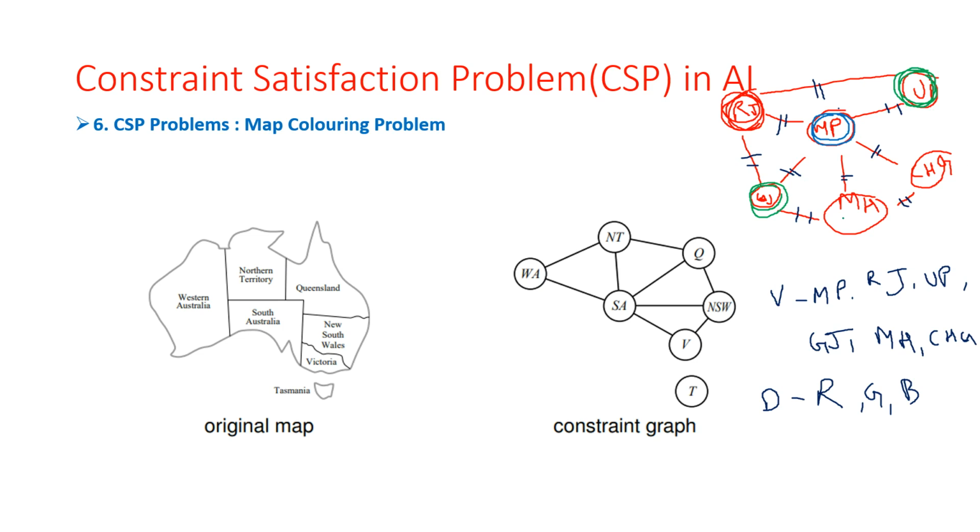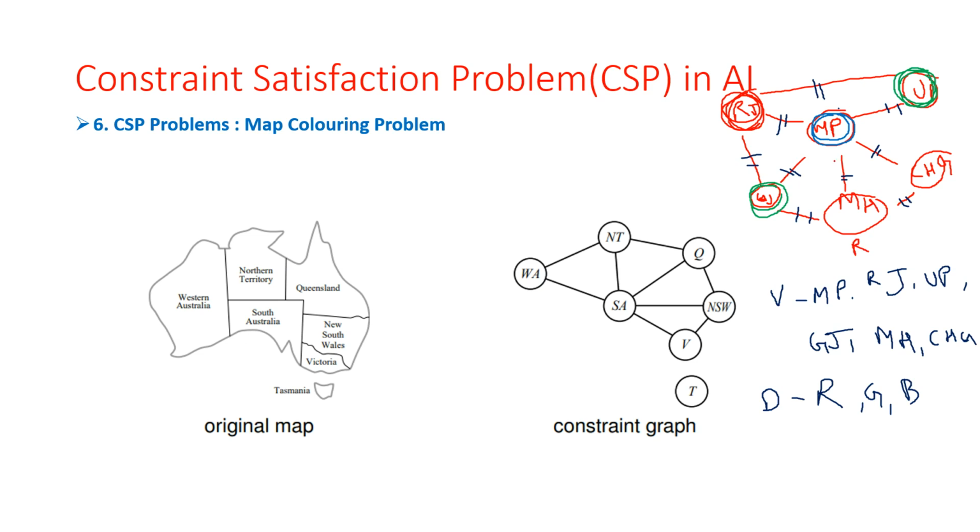Remaining nodes are Maharashtra and Chhattisgarh. Okay, so for Maharashtra we can choose the color red.